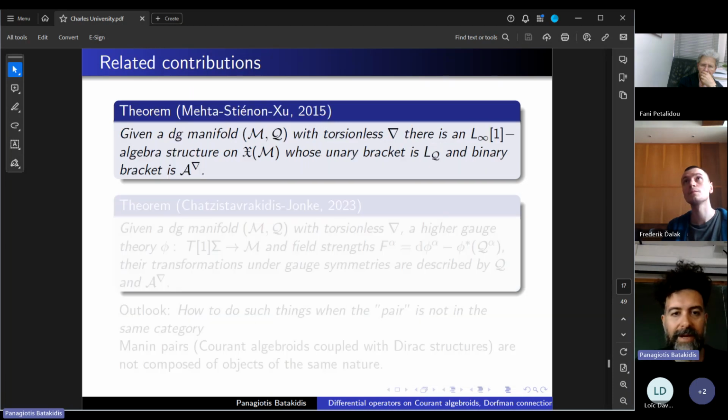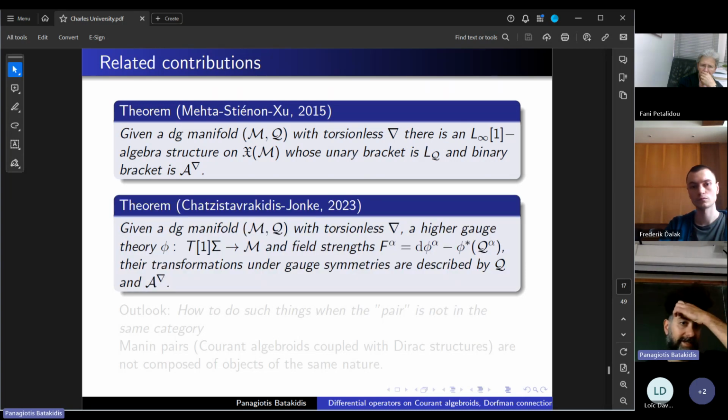Okay, and I think I'm close to the end. Maybe I'll skip the first statement here. I just want to recall a statement by Bataković and Jonke, also a very recent result, which explains what the physical importance is of this Atiyah cocycle. This alpha nabla is exactly the same cocycle that I showed you two slides before.